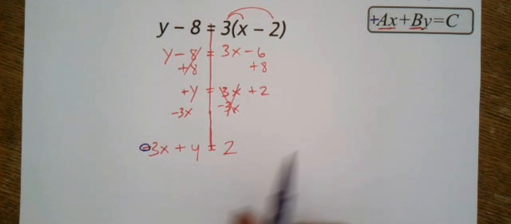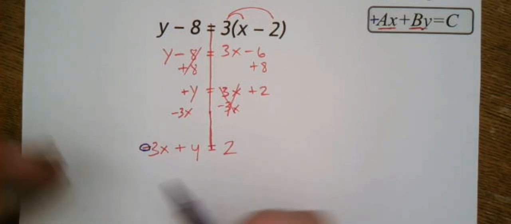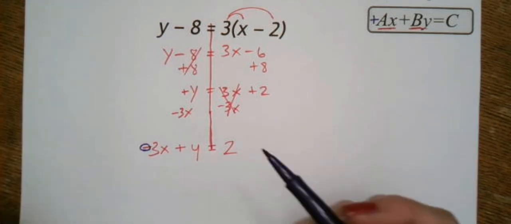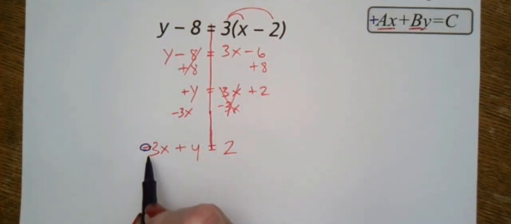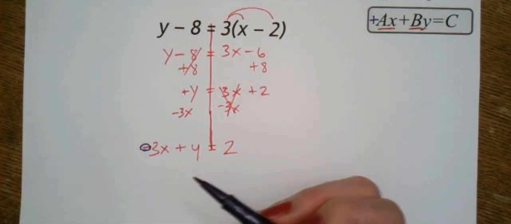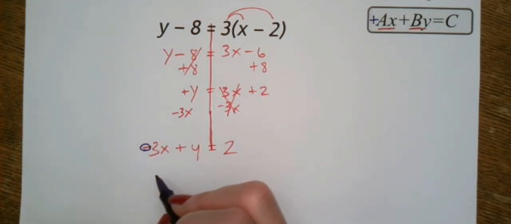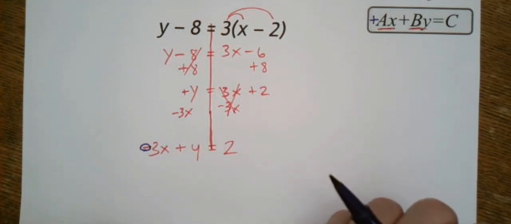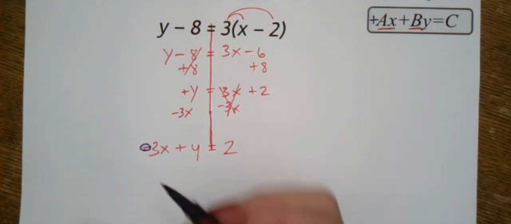So I'm going to need to make that -3 into a positive 3, but I have to keep the equation balanced. So if I do the same thing to both sides of the equation, I know I'm going to keep the equation in balance. In order to get this -3 to be a positive 3, I could multiply it by -1. Because -3 times -1 will make it its opposite, and it'll be positive 3.